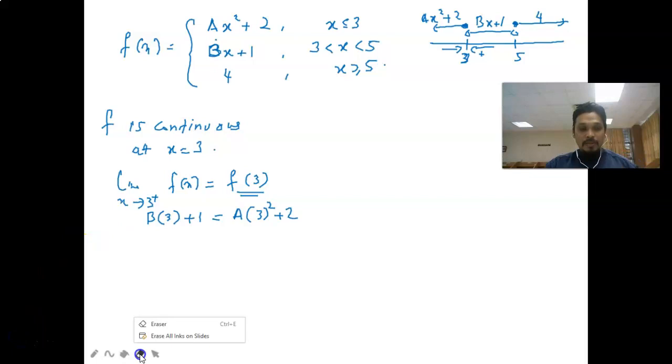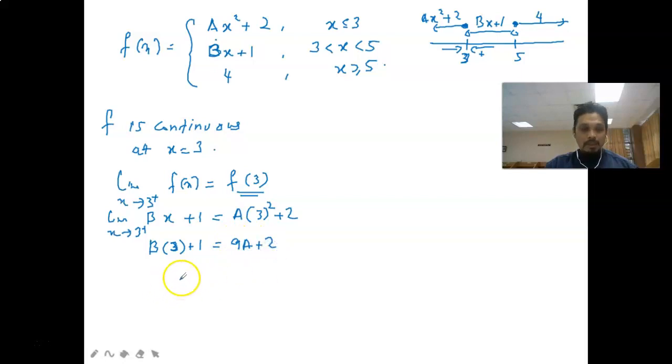The limit of x approaching 3 from the right of bx plus 1 gives us 3b plus 1 equals 9a plus 2.